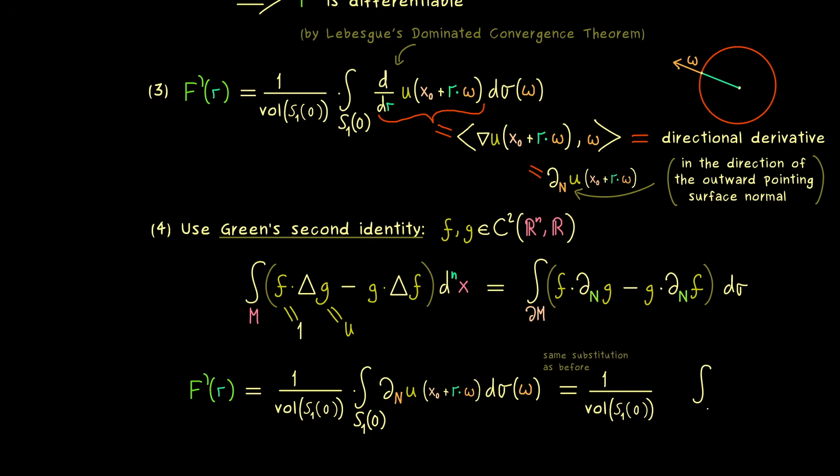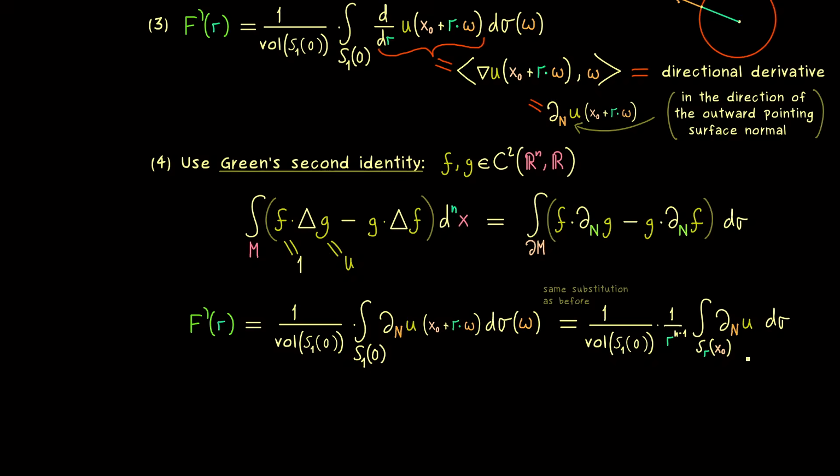Hence we get our integral back over the original sphere with radius r. And there please don't forget, as before, in the substitution we also get the factor r to the power n minus 1. And then inside the integral we just have our normal derivative of u evaluated at a point on the sphere. So in short, we can just write d sigma as before.